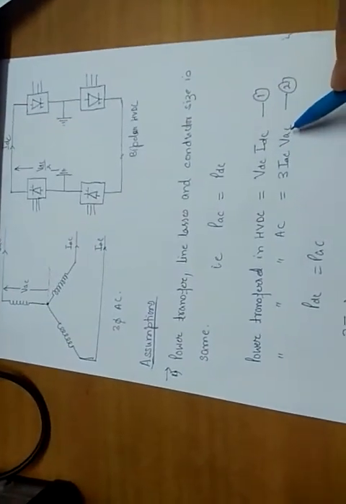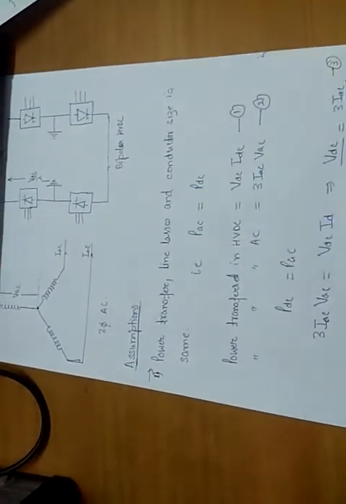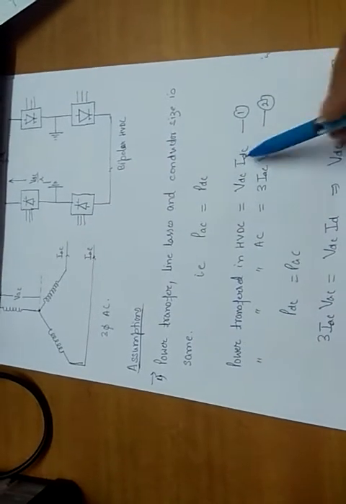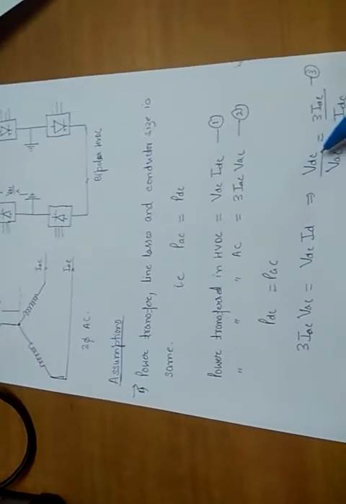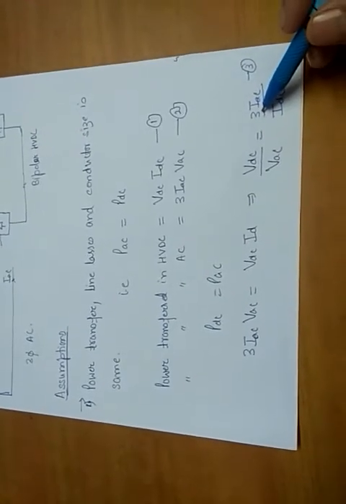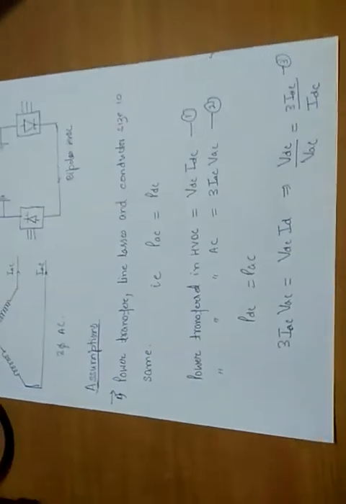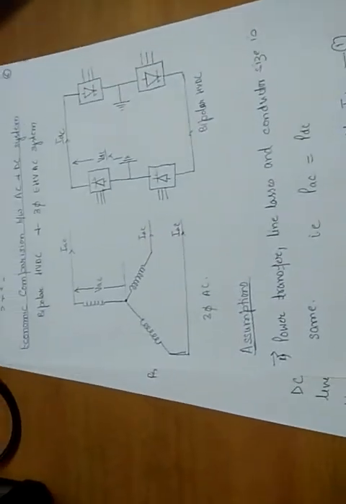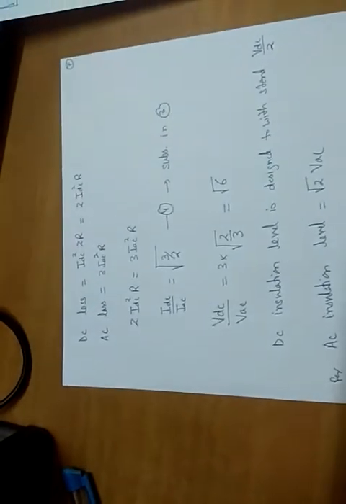Both the powers are equal, so equating these two equations, I get VDC by VAC is equal to 3 multiplied by IAC by IDC. This is from the power equation, where we are assuming power losses and conductor size are the same.